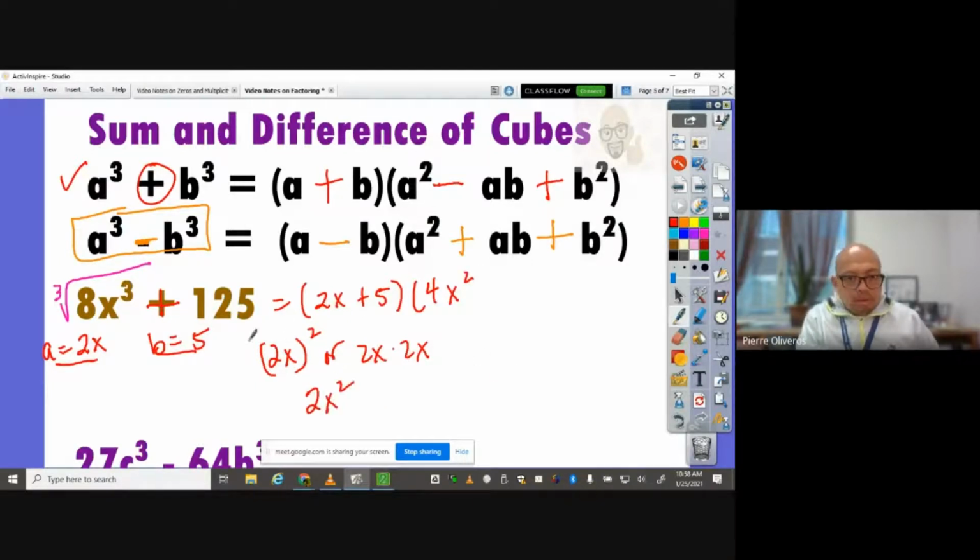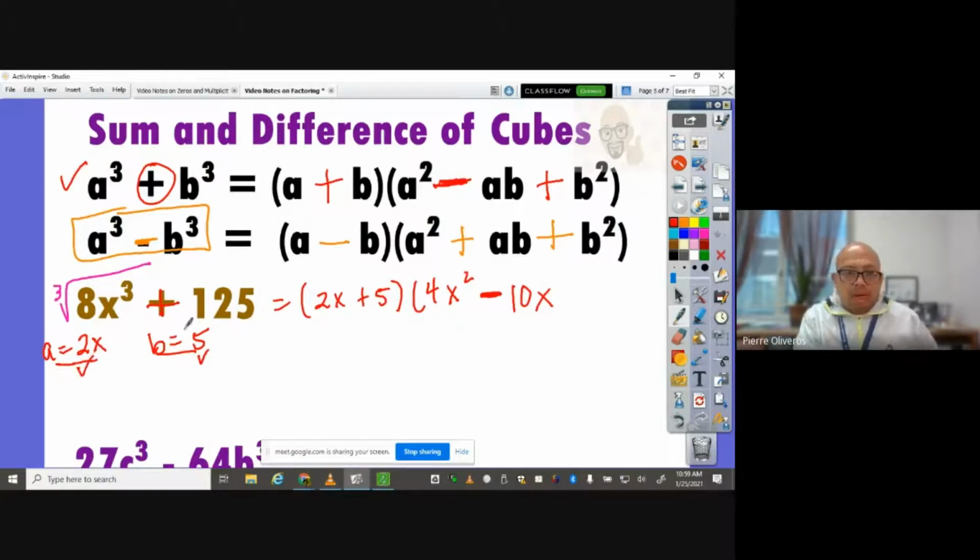Because the meaning of a squared, you multiply 2x twice. 2x times 2x. That's why it's 4x squared. Okay? So I'm going to erase this one here. The next one here is AB. You multiply the A and B, which will give you 10x. And then since it's minus here, I'm going to write negative there. I know that this is positive and positive there.